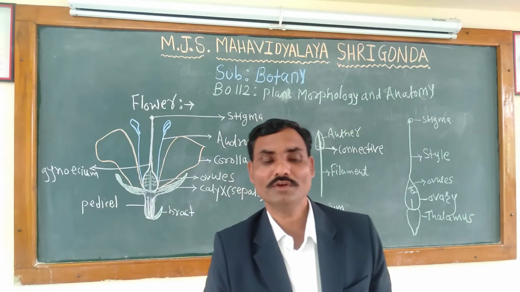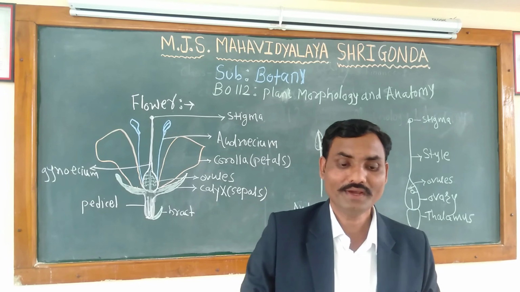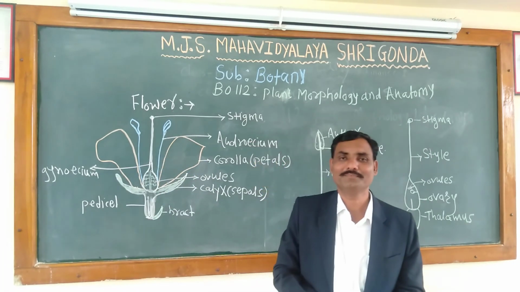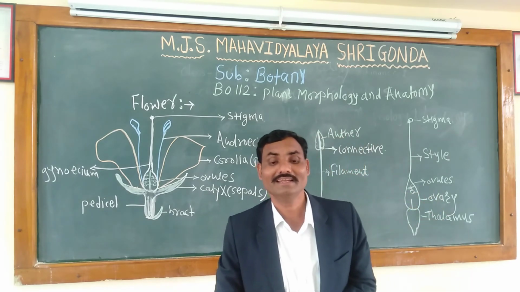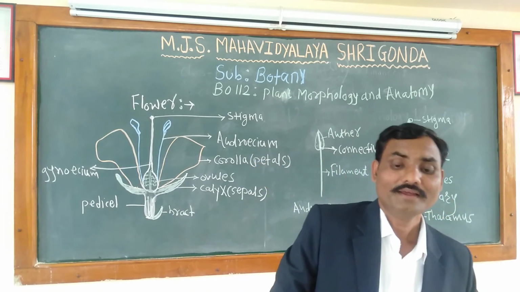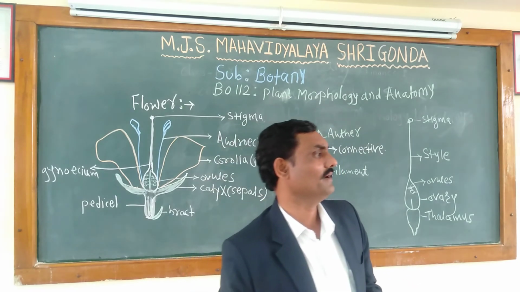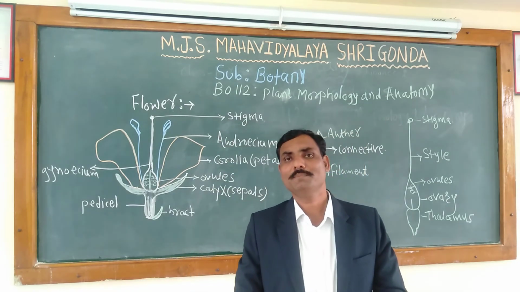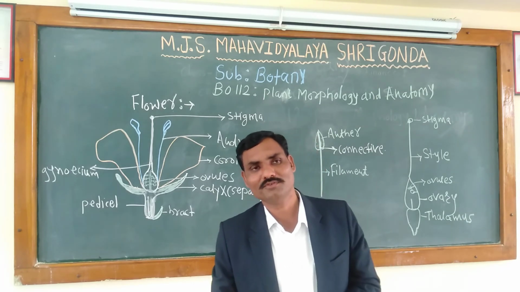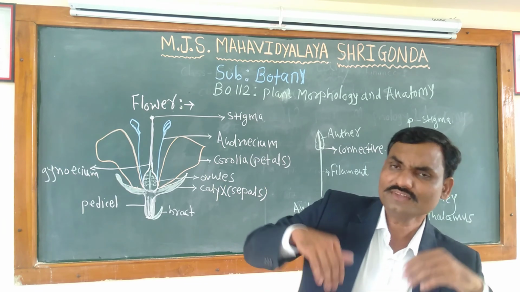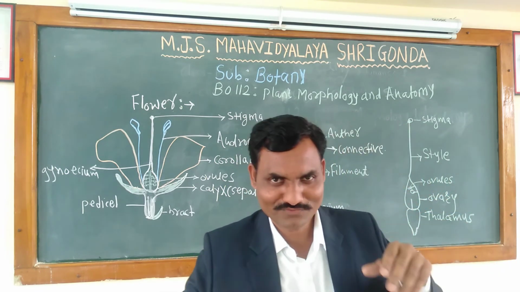It is said to be an incomplete flower when any one of the floral whorls is absent. When in some flowers both sex organs, androecium and gynoecium, are present, that is called a bisexual flower. When one of them is absent, it is a unisexual flower.